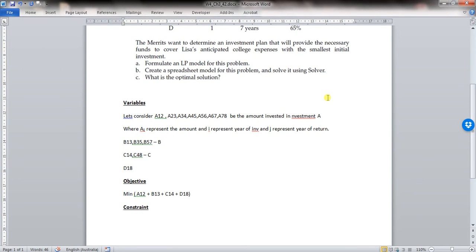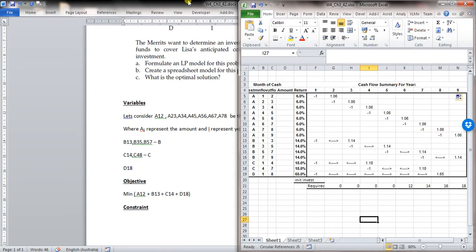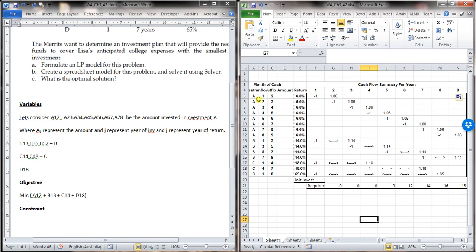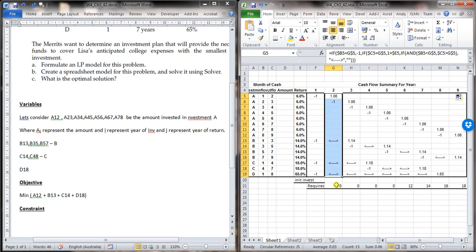To make it simple, in order to write the constraint, I have created the Excel with minimal information, that is investment A in the year 1, return in year 2. So this is what I have created. The required amount of fund in year 2 beginning will be 0, but after 5 years in the beginning they need $12,000.